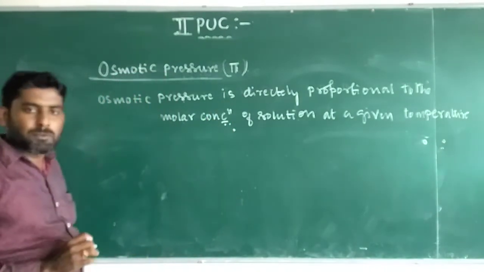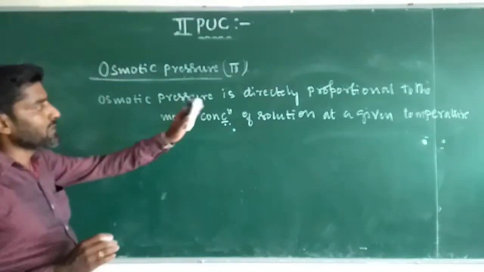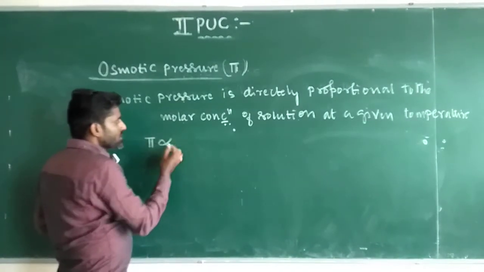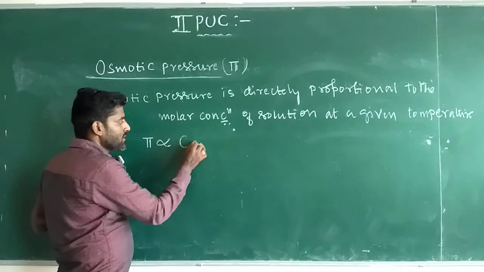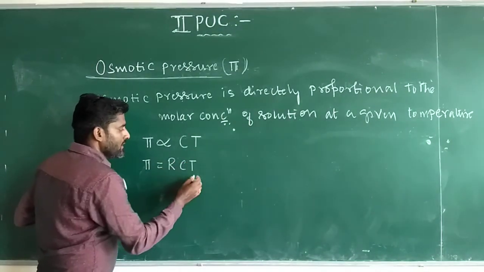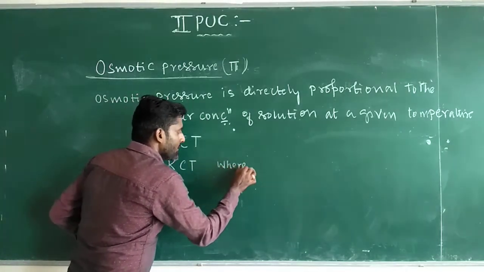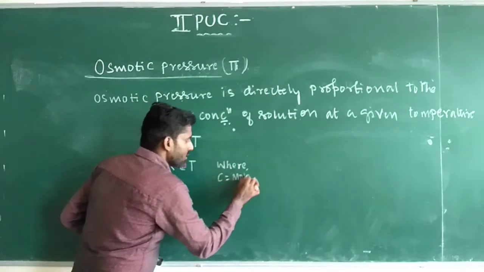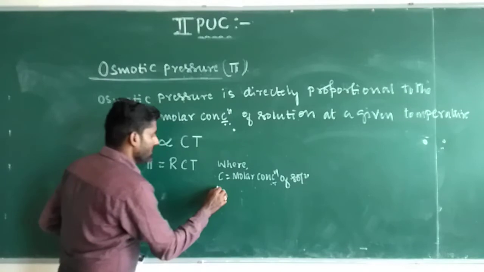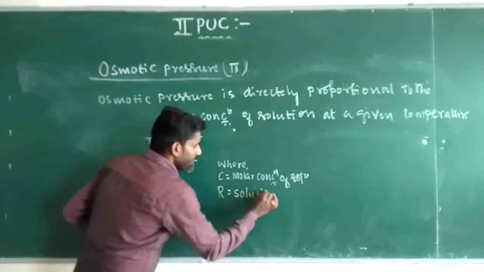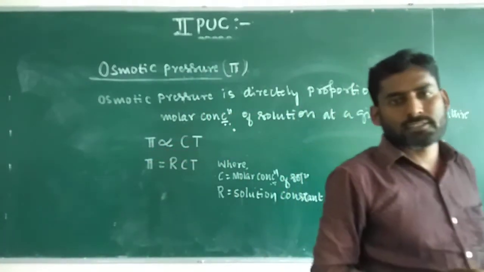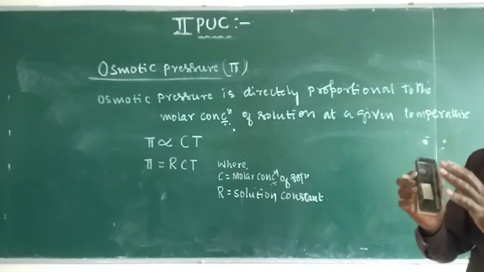Osmotic pressure, denoted as pi, is directly proportional to the molar concentration of solution at a given temperature, or pi equals CRT. Here C is the molar concentration of solution, and R is the solution constant, which has the same value as the gas constant, 8.314 joule per Kelvin per mole.